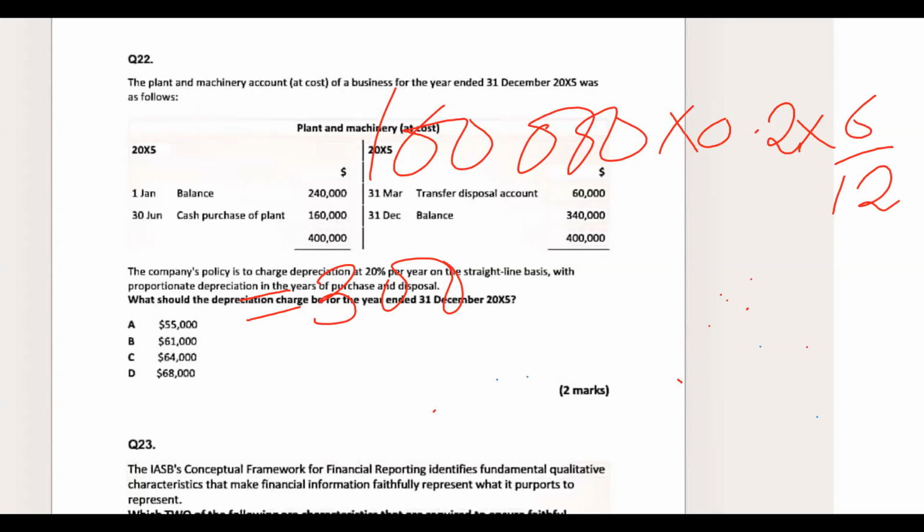How much is it? 16,000? Sorry? 16,000. Yeah, 1,600. 1,600, 16,000. Like 160,000 times 0.2 times 0.5, because this one is 0.5. Let me write 0.5 times 0.2 times 160,000.